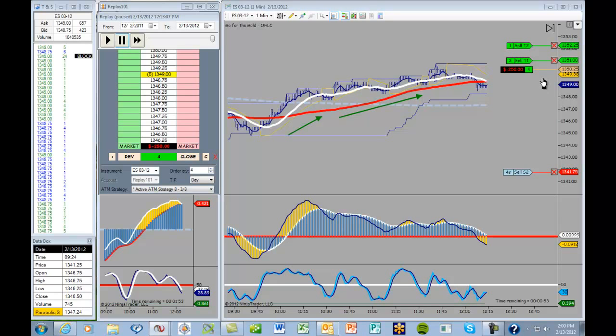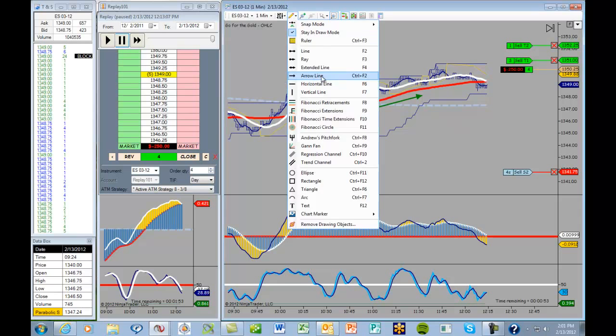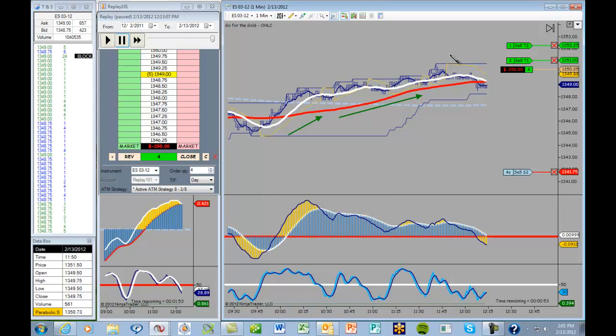But what I'm thinking we probably want to do is reverse this position. The white is ready to cross the red here and here and here. So while I've got it paused, let's do this. Where did we get in? About here.